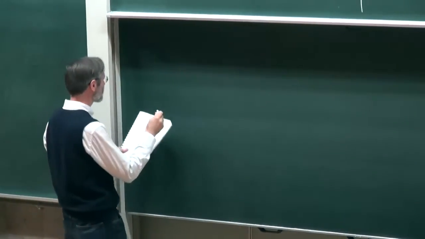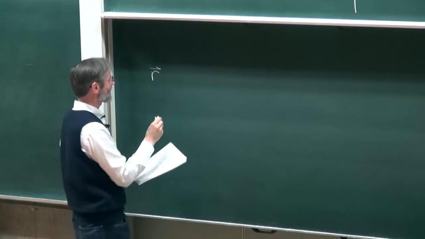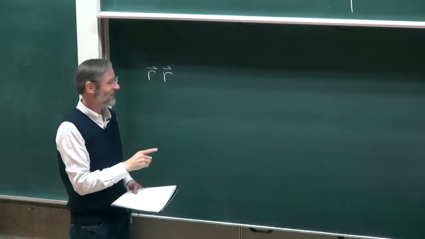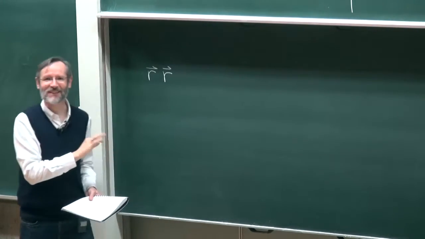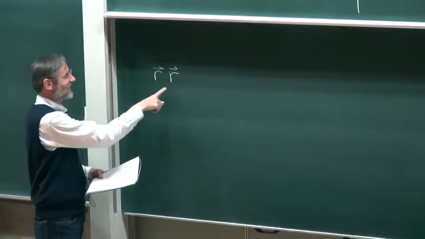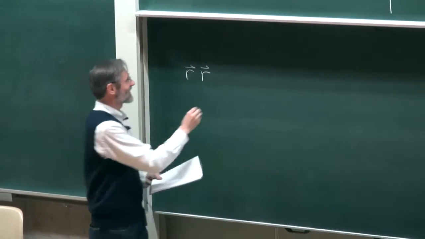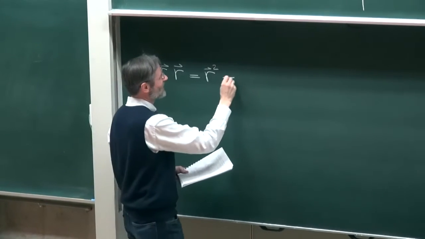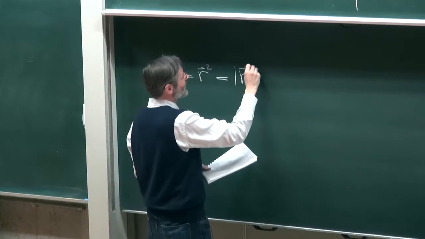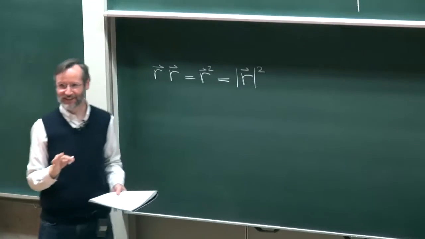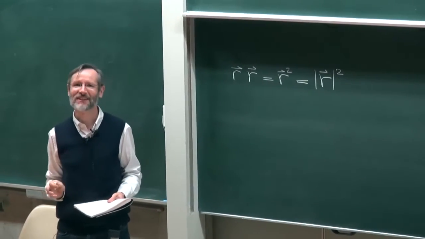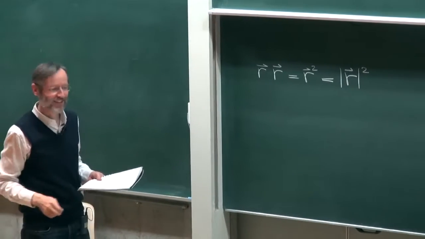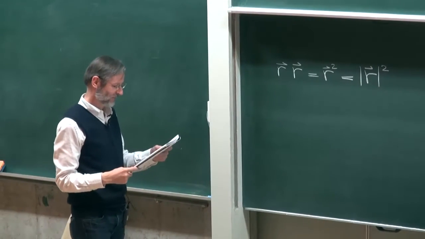I put no product symbol here, if they're next to each other, that's the new product. So r squared should be the length of r squared, just a scalar, as we have defined the length up there.